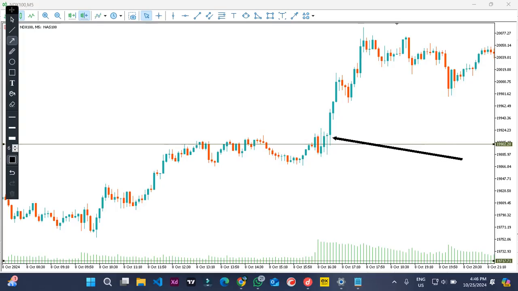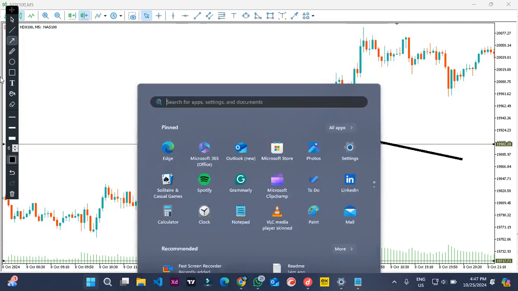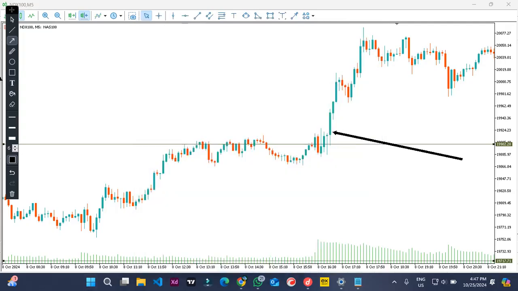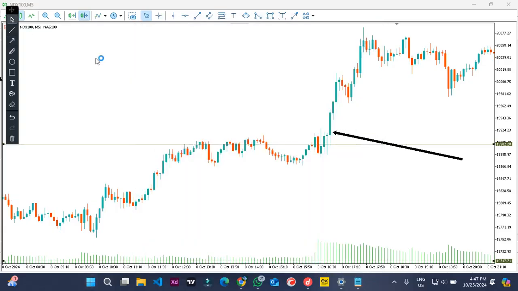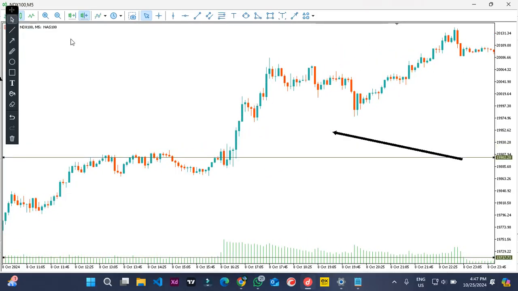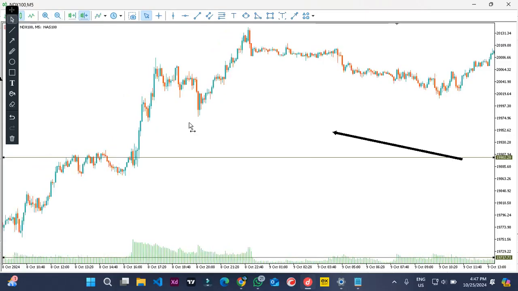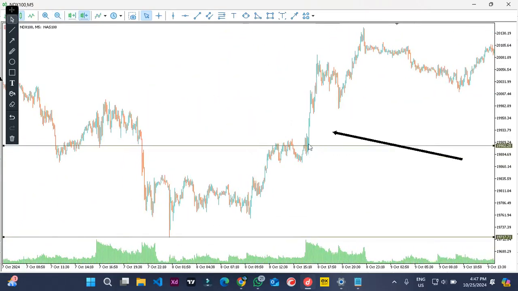That's your entry. You're just going to be targeting, so with this we're going to target old highs. We are here guys. We want to target old highs.